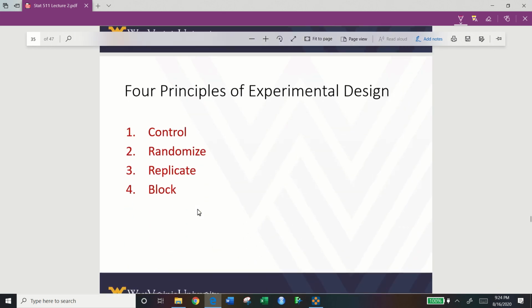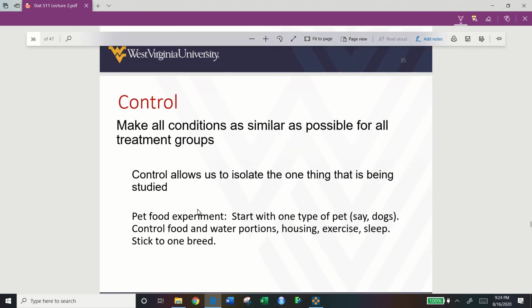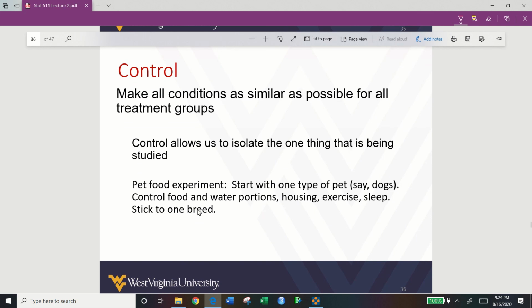Now, this brings us to talk about the 4 principles of experimental design. And these 4 principles will allow us to make the best experimental design as possible. So one thing that we care about is control, and that is that we make all conditions as similar as possible for all treatment groups.